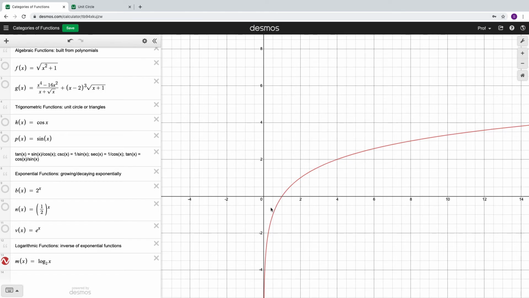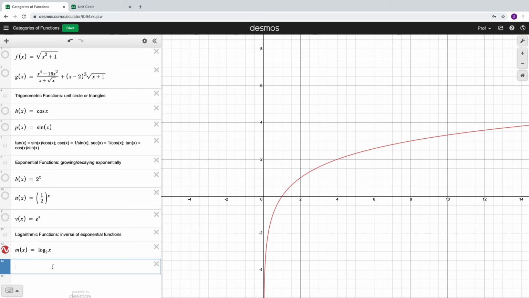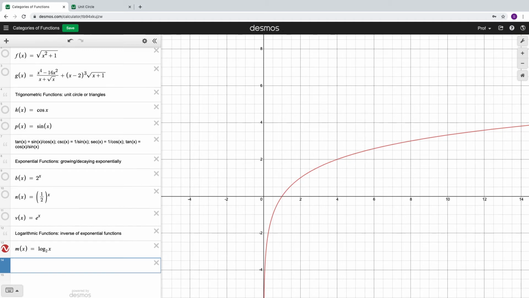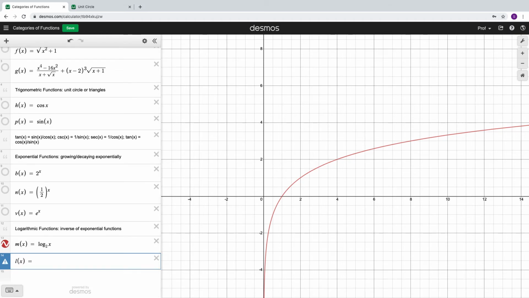The domain is all real numbers such that x is greater than 0. And if we try graphing some different functions here, I've already done with some different bases, you can see that the base determines how steep that logarithmic function is.